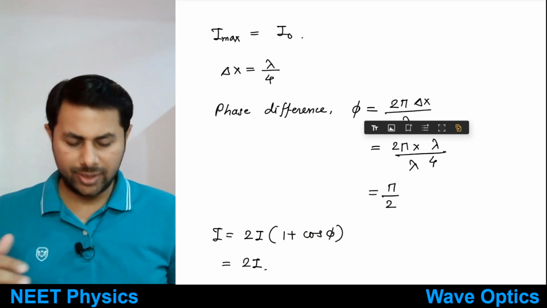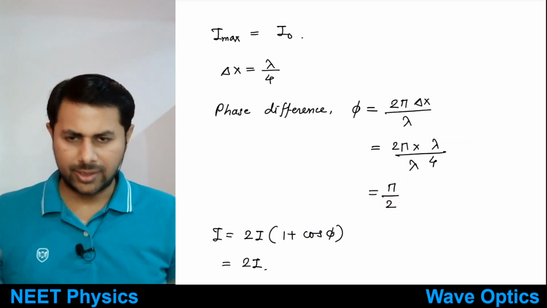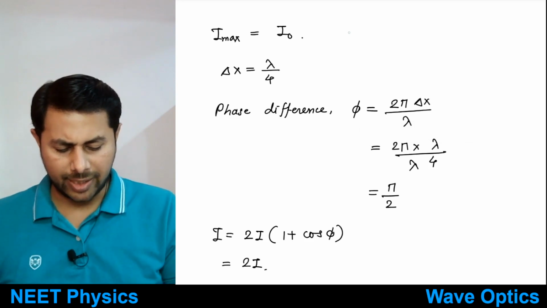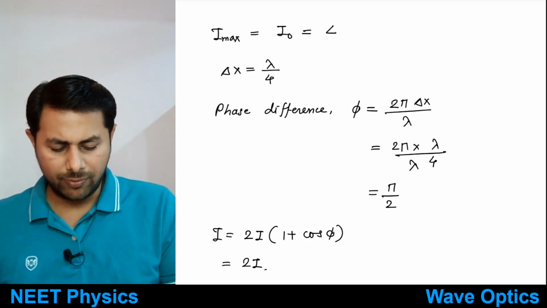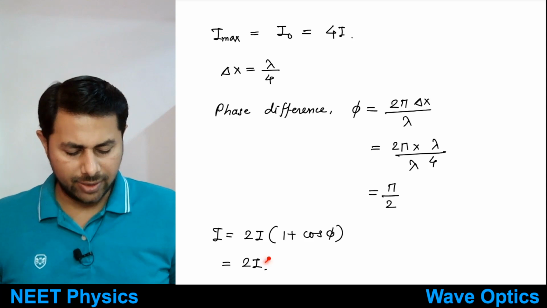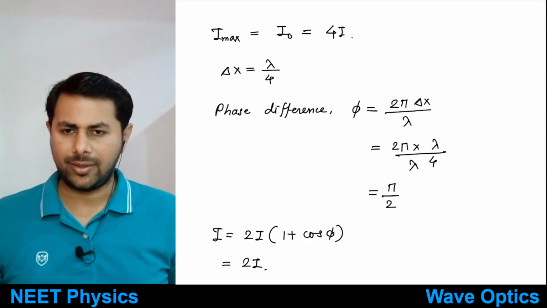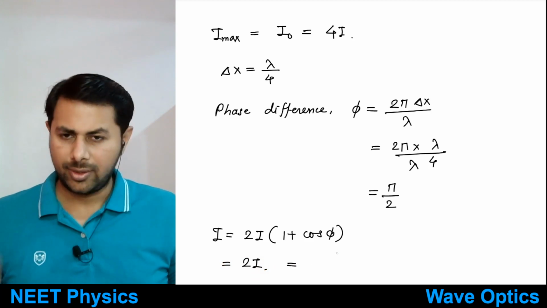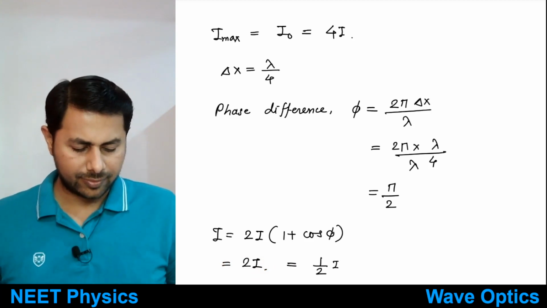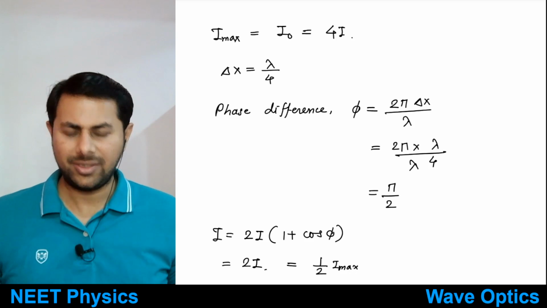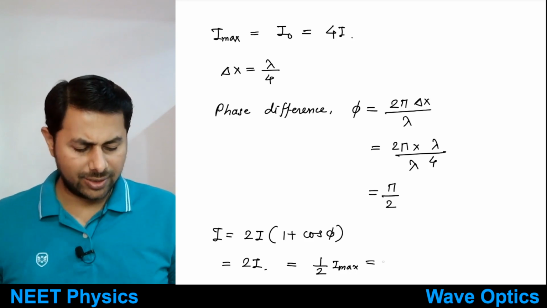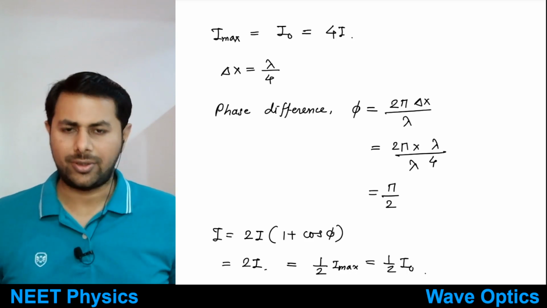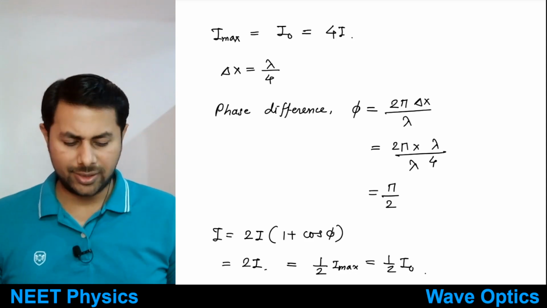But if intensities of two interfering waves is equal to I, then we know that maximum intensity would be equal to 4i. And intensity of this point comes out to be equal to 2i. So what's the relation? This is equal to half of I max. That is half of I naught. This thing is clear?